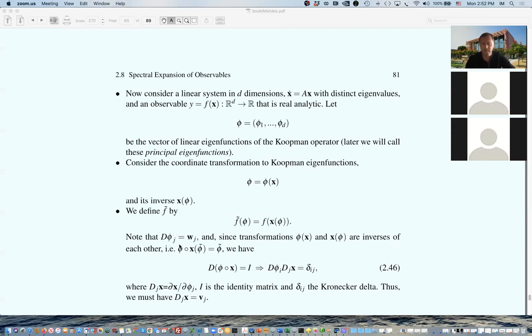And one thing that we know right away is that the derivative of phi j is wj. How do we know that? Well, I'll just remind you that phi j is equal to the inner product of x and wj.